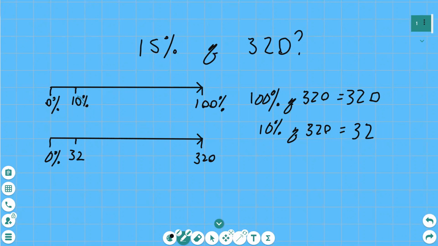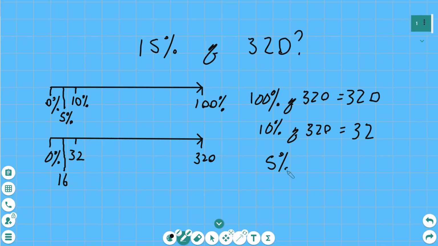So if we find out, for example, what is, I haven't left myself space to do this, but 5%, well, 5 is half of 10%. 5% is half of 10%. So we know that 10% is 32. So 5% is half of 32, which is going to be 16.